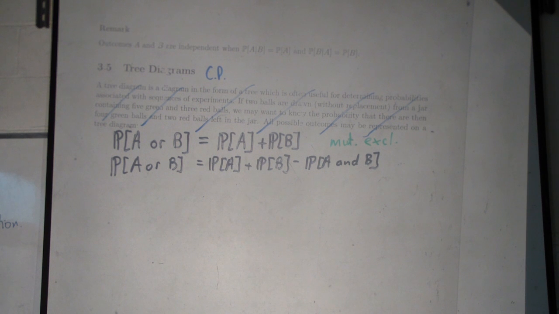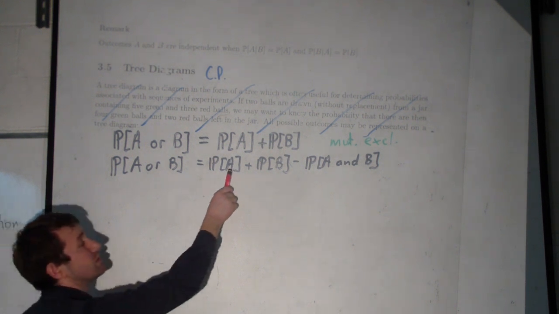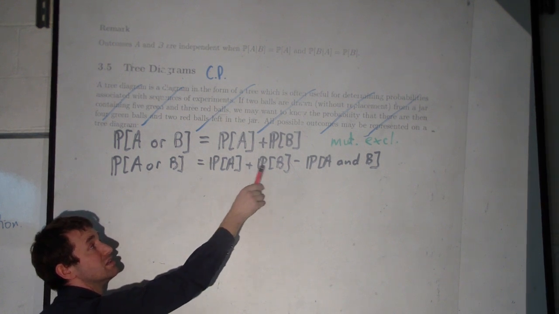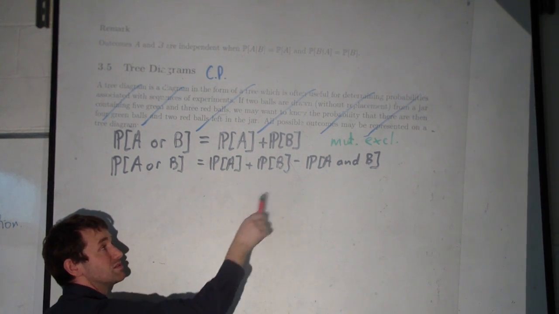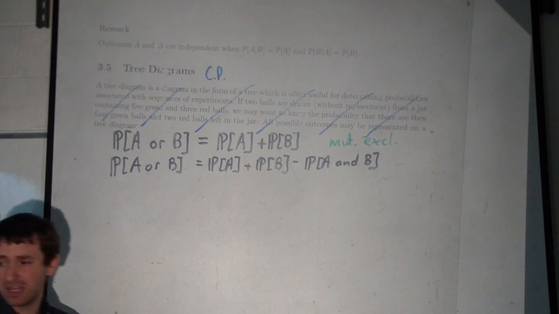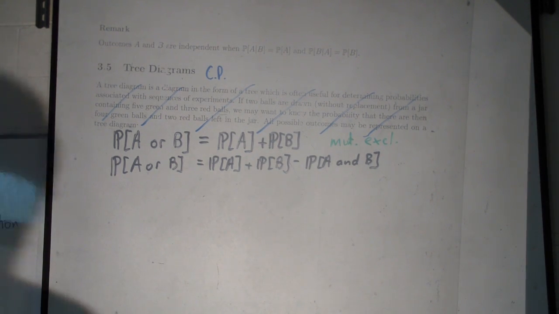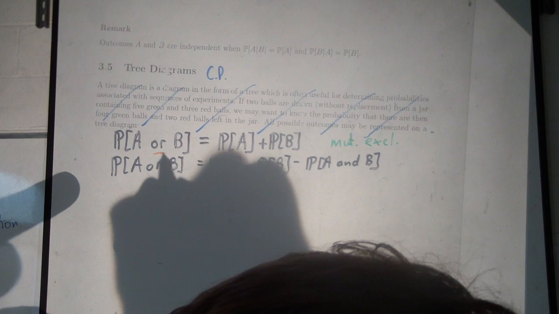So you take away the 1 out of 52. Now, the reason you take away the 1 out of 52 is this includes the king of hearts and this includes the king of hearts. So you counted the king of hearts twice, so you must take away 1. Okay? So here, this includes A and B. This includes A and B. So you've counted A and B twice, so you must take one of them away. Now I'm telling you not to be worrying about this.